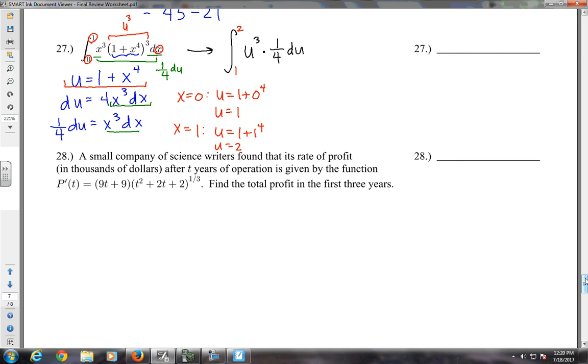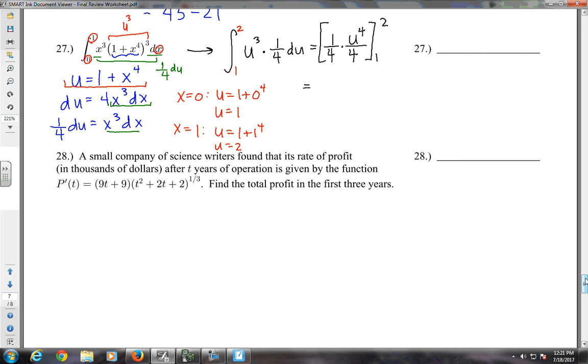Let's integrate. We can take this coefficient 1/4 to the left. We can integrate u by adding 1 to the exponent and dividing by the same thing. Remember, we do not need a plus c on a definite integral, and we'll evaluate from 1 to 2.